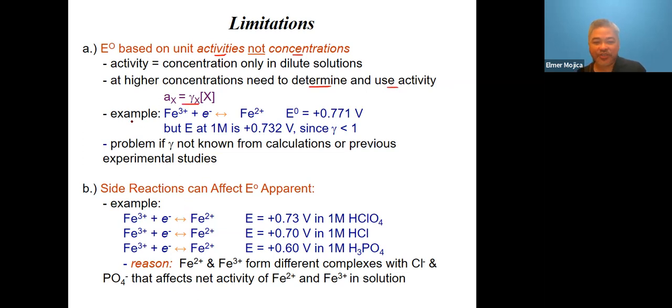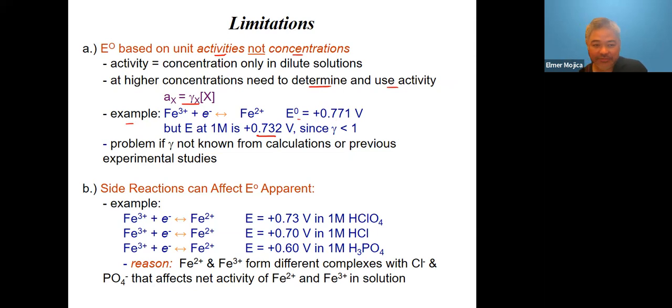For example, if you have Fe3+ reduced with an electron to Fe2+, the standard potential is 0.771 volts. But the potential at 1 molar is 0.732 since the activity is less than 1.